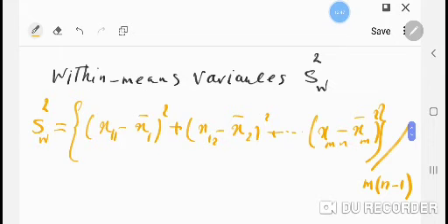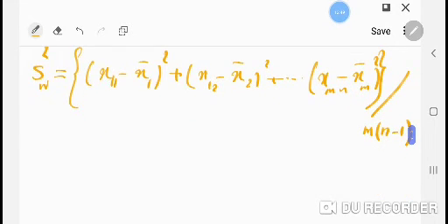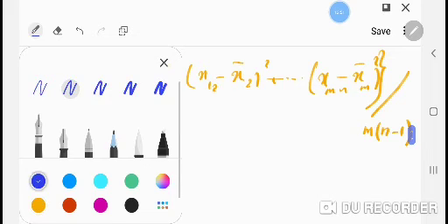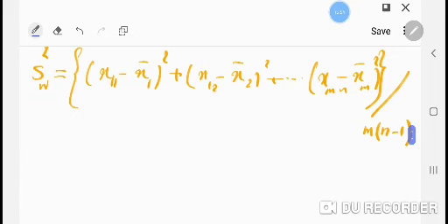We calculate F as a ratio of these two variances.